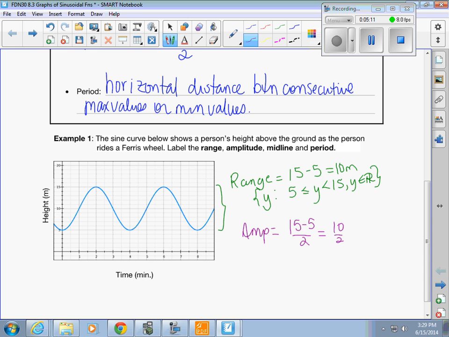So that's 10 divided by 2. So it equals 5 meters. So my amplitude then is 5 meters. I'll just do a little squiggle.